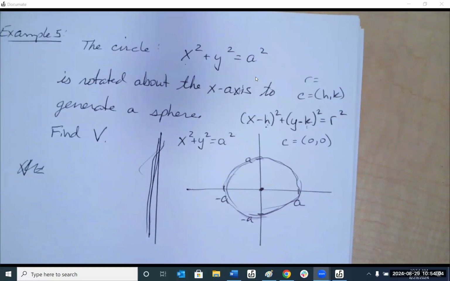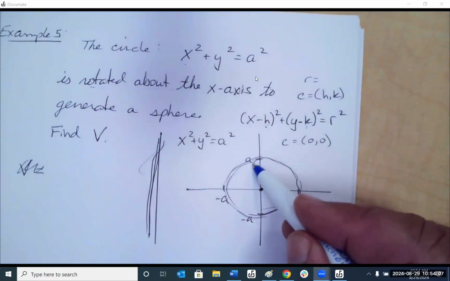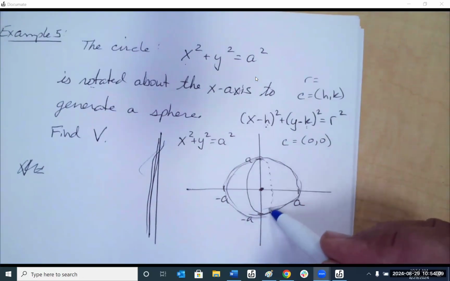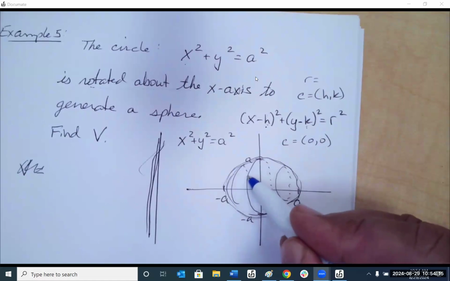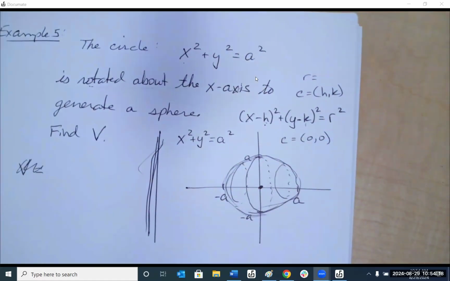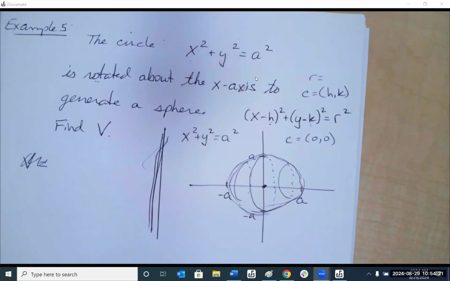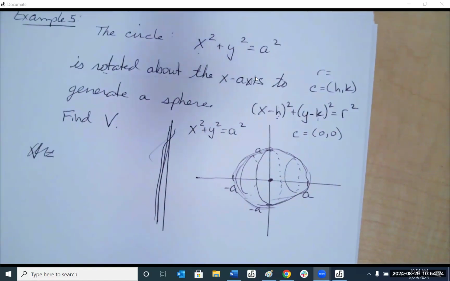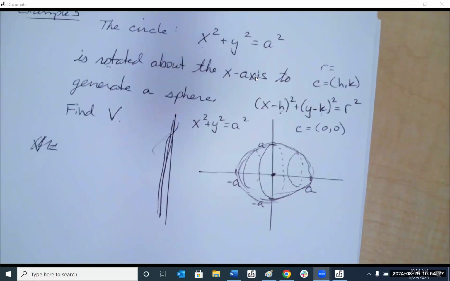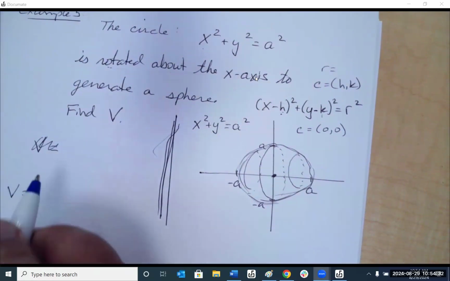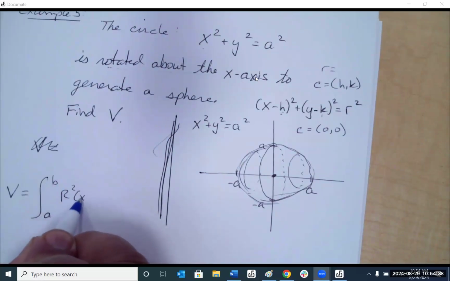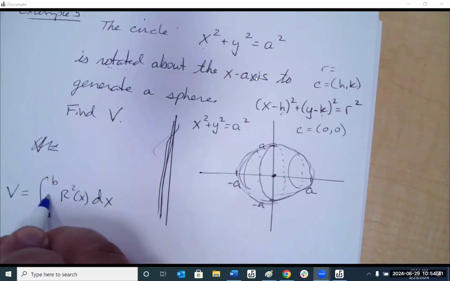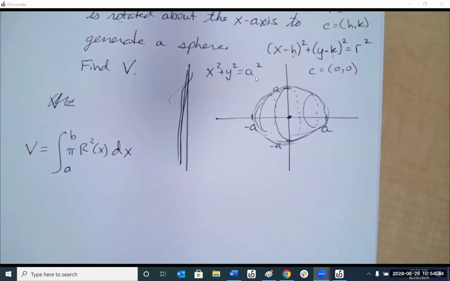It said we rotate about the x-axis. So now we have a sphere, a ball. Now we've got to figure out our formula.